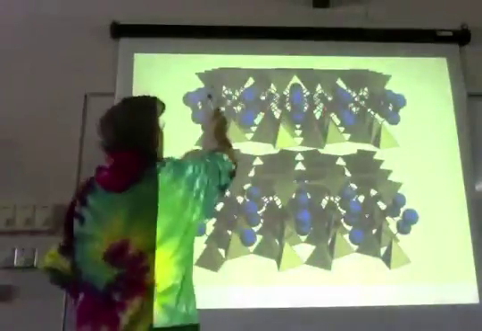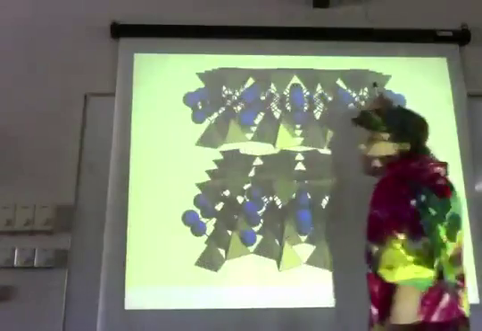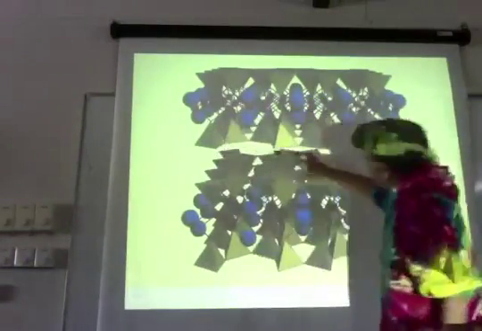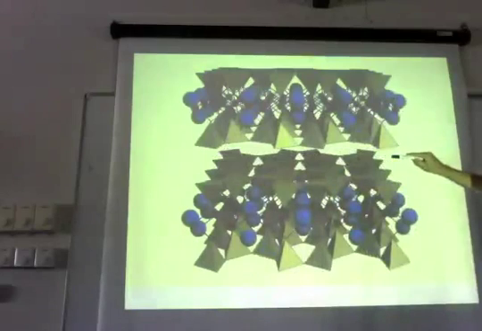So here we have such a sheet silicate. Here we have a sheet of tetrahedrons, yeah? Here we have the next sheet of tetrahedrons, and here we have an interlayer, yeah?